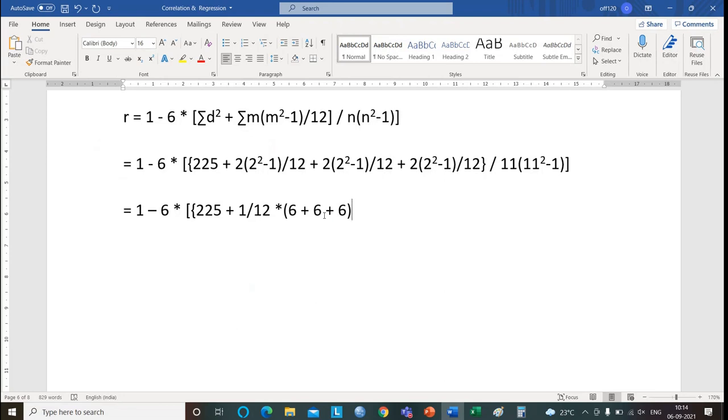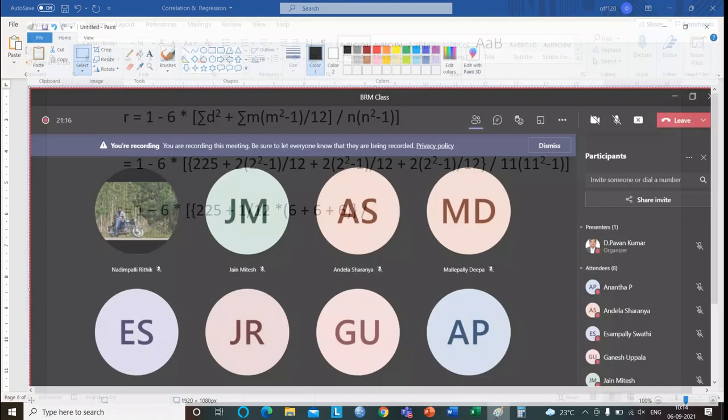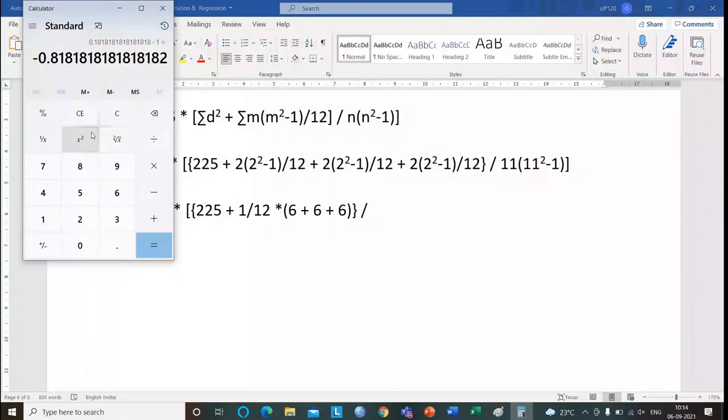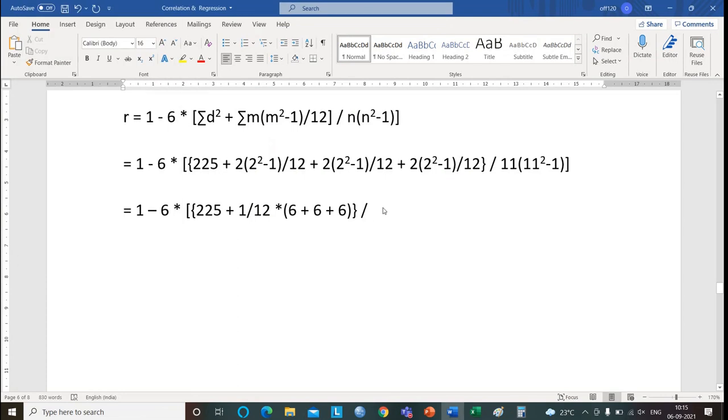Now the denominator is 11 into 11 square minus 1. What is 11 square? 121. So 121 minus 1 is 120, into 11. So our denominator is 1320.